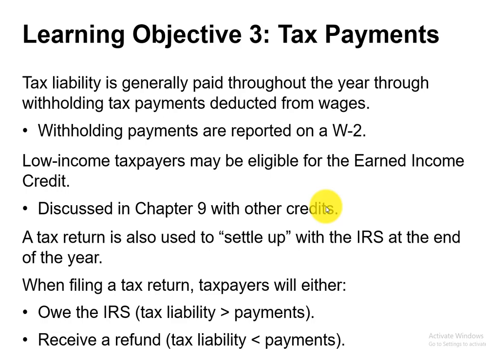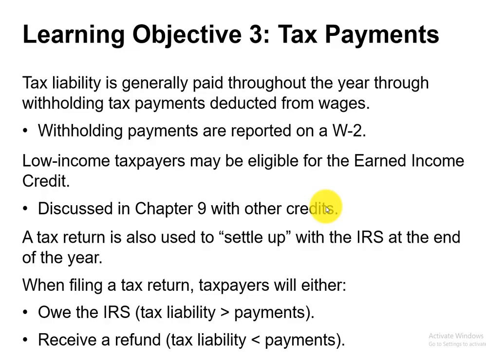So that means you're paying all through the year according to your liability. Your tax return is really a comparison to where you end up at the end of the year, because as you're paying, you don't know for sure what your income is going to be for the year. You make an estimate, and that's how you pay your taxes along the way.